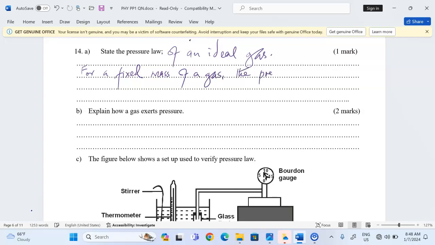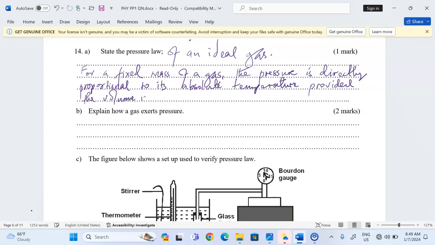the pressure is directly proportional to its absolute temperature, provided the volume is kept constant.